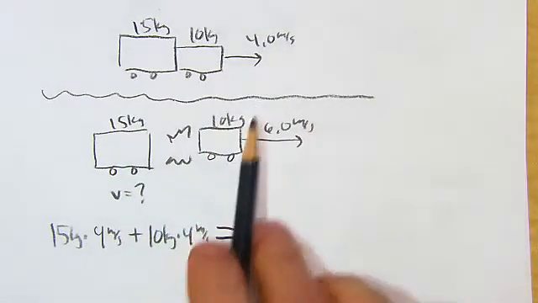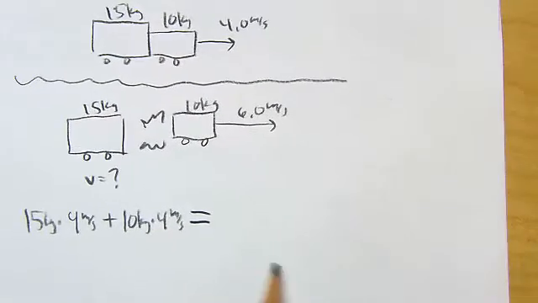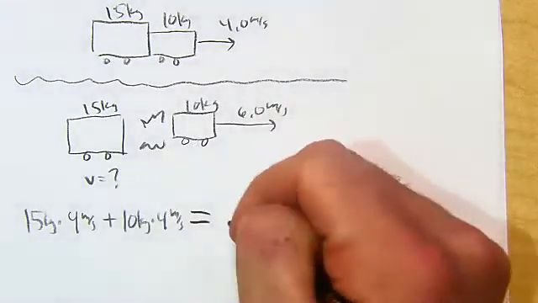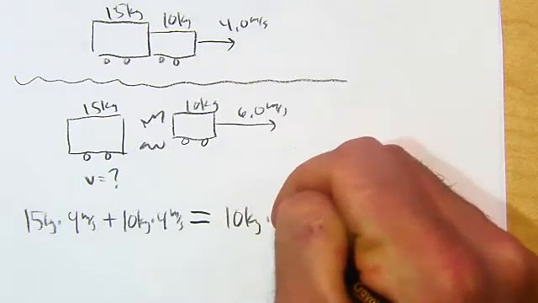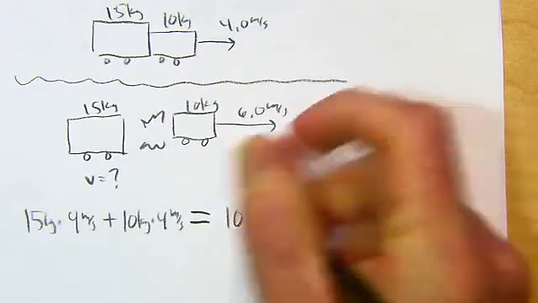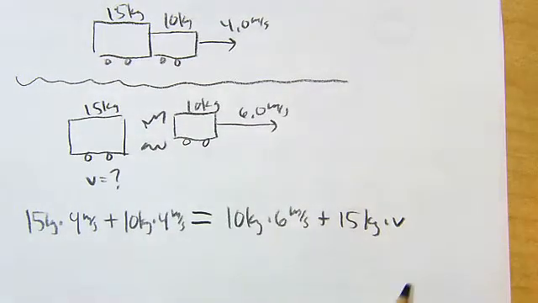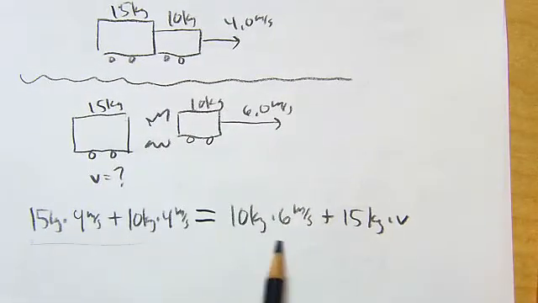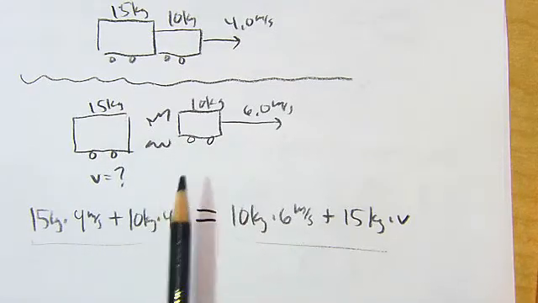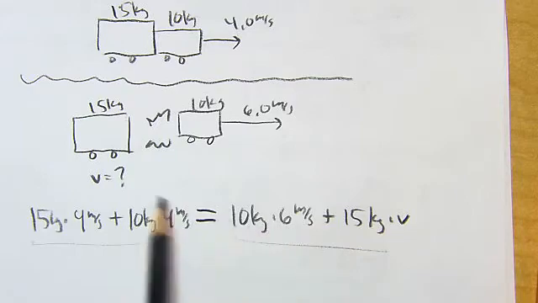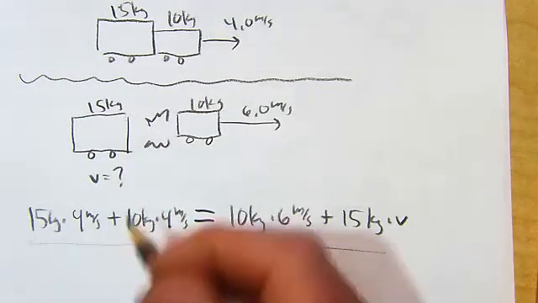They're both going right, so that's positive velocity. After, we've got the 10 kilograms times 6 plus the 15 kilograms times V. So it's just a matter of setting it all up. The total before equals the total after. If velocities are to the left, make sure you put in negatives. But if they're to the right, we're just going to put in positives. And solve it out.